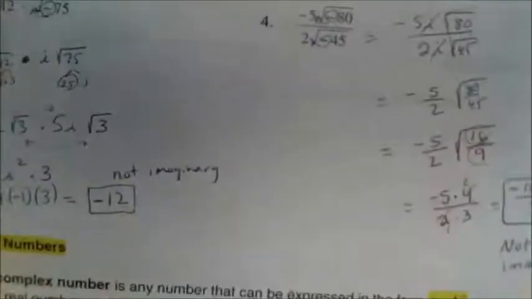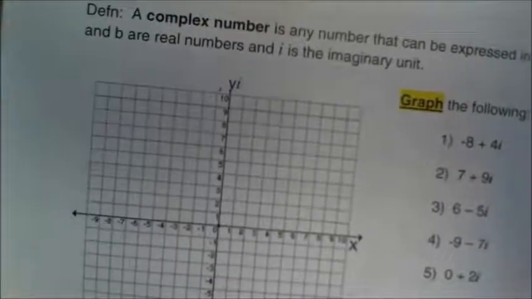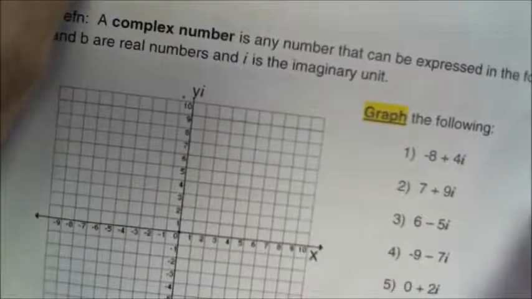All right? So those are the 4 operations: multiplying, dividing, adding, and subtracting. The last thing we're going to do, and this is pretty easy, is the complex number. A complex number is just any number that's got a real part.